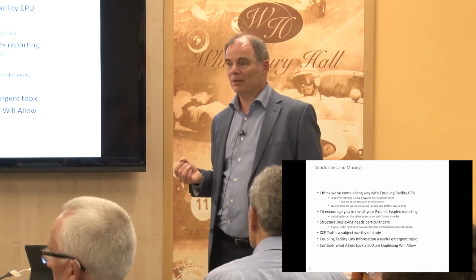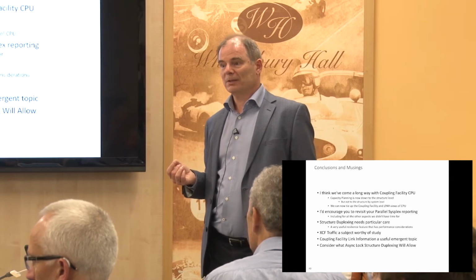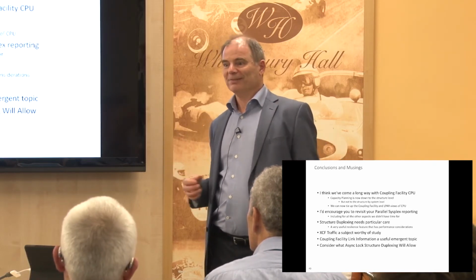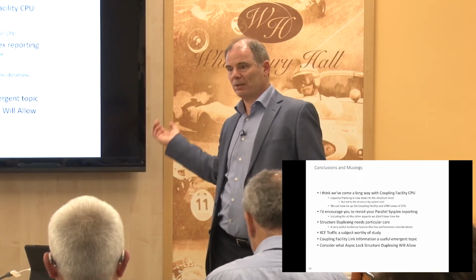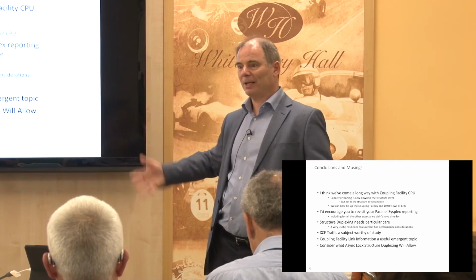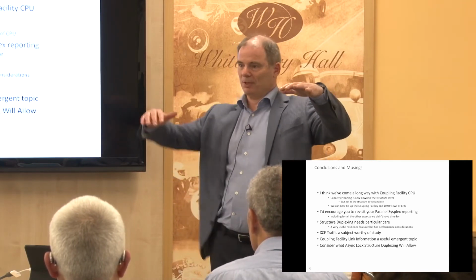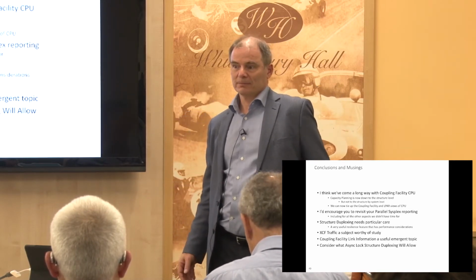I was going to say, if everything is duplex, you've got the CPU hit already. Yes, that's right. This is why I talk about white space may already have been eaten, both for memory and for cycles. And at least with the structure level data, you know how that game plays in much more detail than if you just go, this one's this busy, that one's that busy, at the coupling facility level.